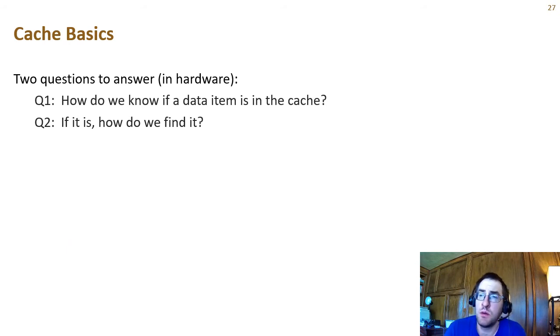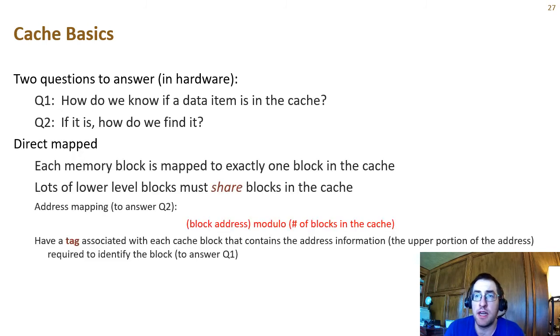So we want to know, how do we know if an item, a data byte that we're trying to access, is in the cache, and if it is, how do we find it? We can actually answer question 1 by answering question 2, right? If we find it, then we know it's there. In the direct mapped approach, each block of memory is mapped to exactly one block location in the cache, so we just look at that block location, and then we need a way to break ties, right?